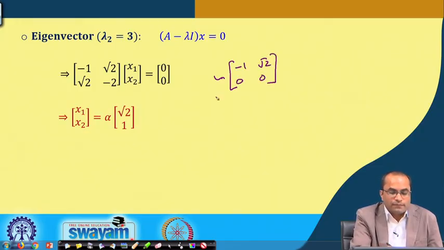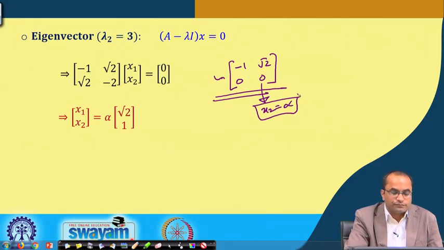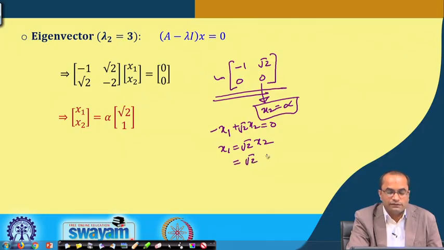0, and from here we can choose this x2 variable as alpha, and then x1 from the first equation, minus x1 plus square root 2 x2 is 0. That means x1 is square root 2 x2, and x2 is alpha. So, we have taken x1 as square root 2 alpha.